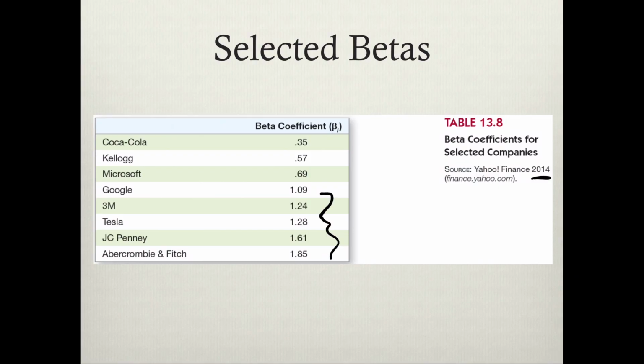But as you can see here, these companies have more systematic risk than the market as a whole, represented by a beta coefficient that is greater than 1. In the case of Abercrombie and Fitch, much higher than 1 for the beta coefficient, much more systematic risk.